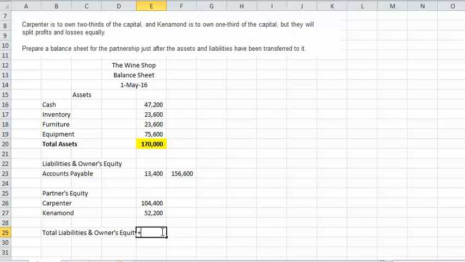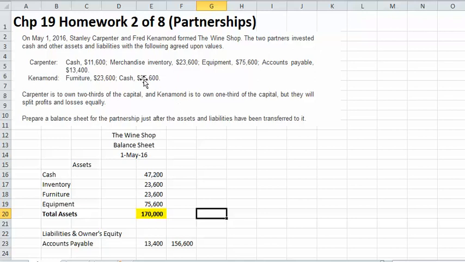It equals the combination of this plus this plus this, which equals our check figure, 170. So basically the balance sheet in a partnership is the same as a proprietorship. The only difference here is the partners' equity section. So we allocated 2/3 to Carpenter and 1/3 to the other partner. So let me know if you have any questions.